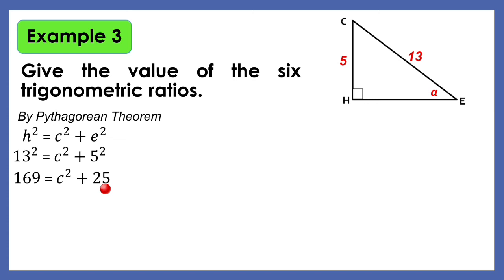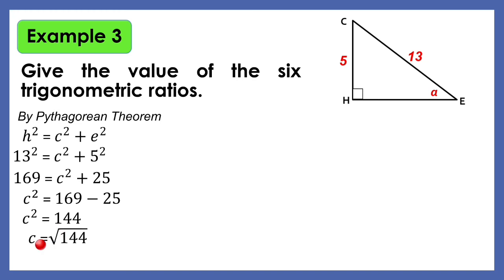Itatranspose natin itong 25, lipat natin sa left side, magiging 169 minus 25 equals c squared. 169 minus 25 is equal to 144. We have c squared equals 144. Square root natin both sides.